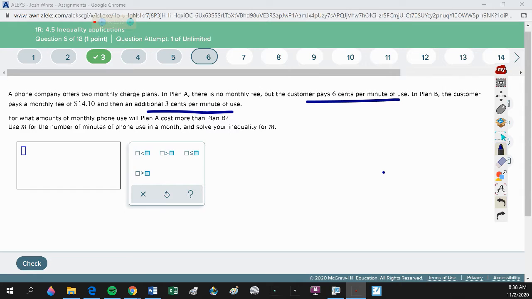So should we just go with the lower rate? It depends on how much you use. So one is 6 cents per minute. What does the other one look like? 3 cents per minute plus 14.10.